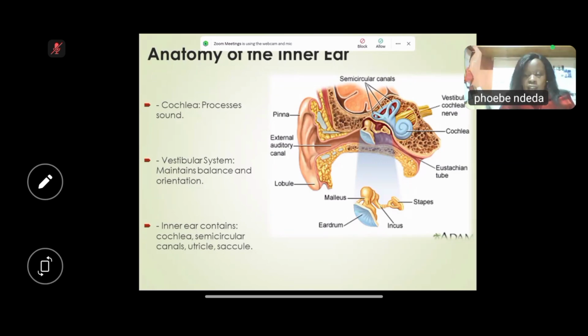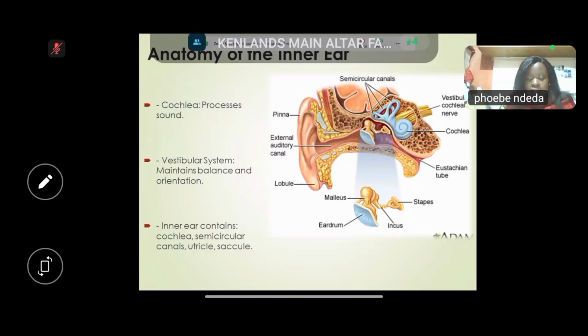Okay, then the next one there, we are seeing the eustachian tube. This eustachian tube connects the middle ear to the back of the throat, and its function is, one, that it equalizes air pressure in the middle ear, so the eardrum can vibrate normally. Two, it drains mucus and fluid away from the middle ear.